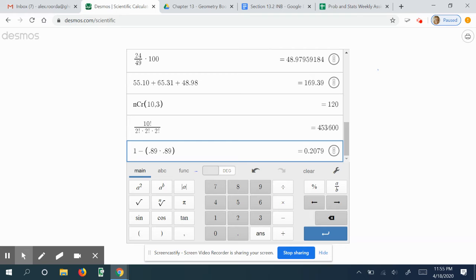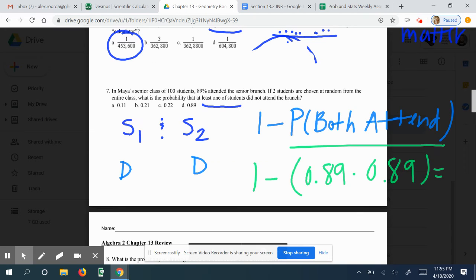And so I get this 21% basically. So what is the probability that at least one of them did not go? It's 21%.